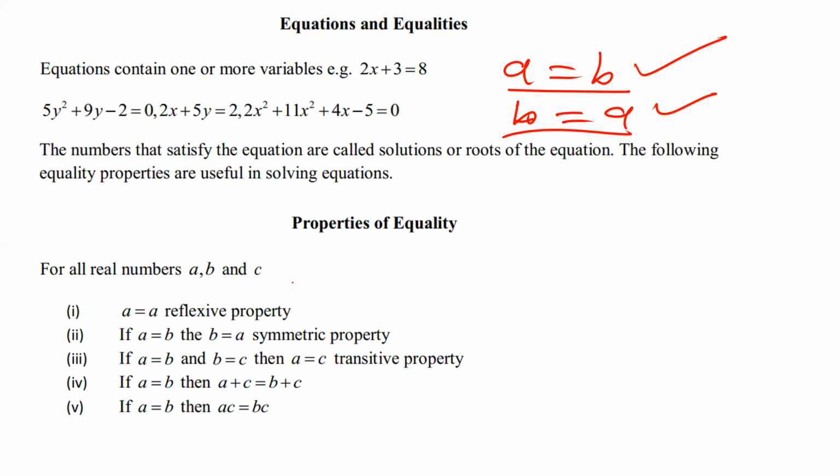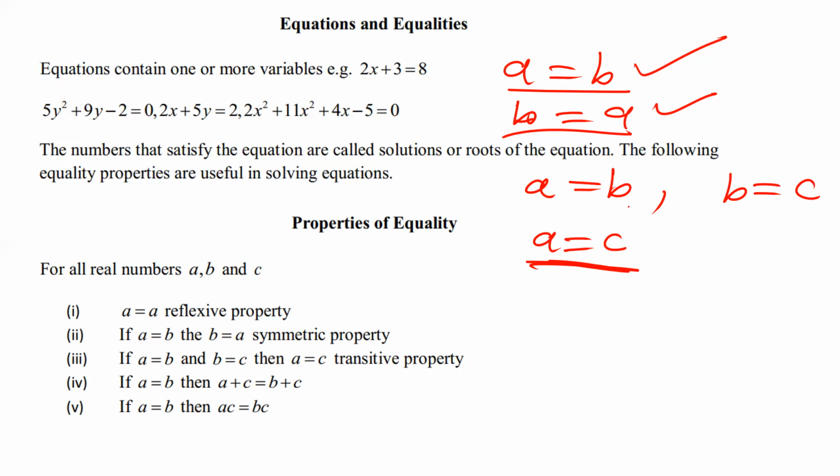Then there's also what is called the transitive property. For the transitive property, if we say A is equal to B, and then we also say B is equal to C, this implies that A is also equal to what? C. This is also a very simple property.